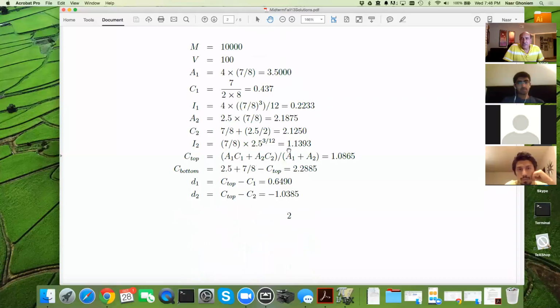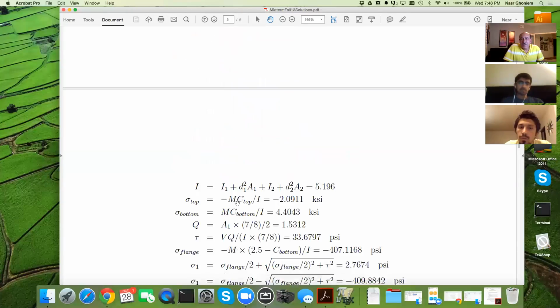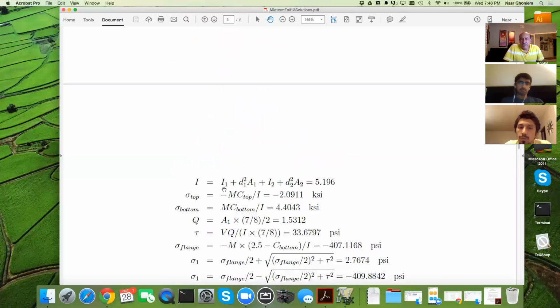In order for us to do that, we have to find the distances between the centers and the common C. So we have C top minus C1, it gives us D1, and then also we have D2. And then we use the parallel axis theorem to have I equal to I1 plus D1 squared times A1 plus I2 plus D2 squared times A2. And that's the total second moment of area.